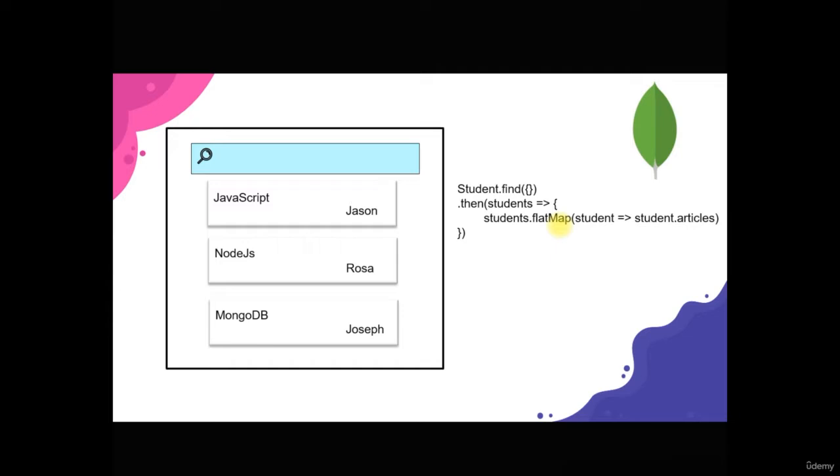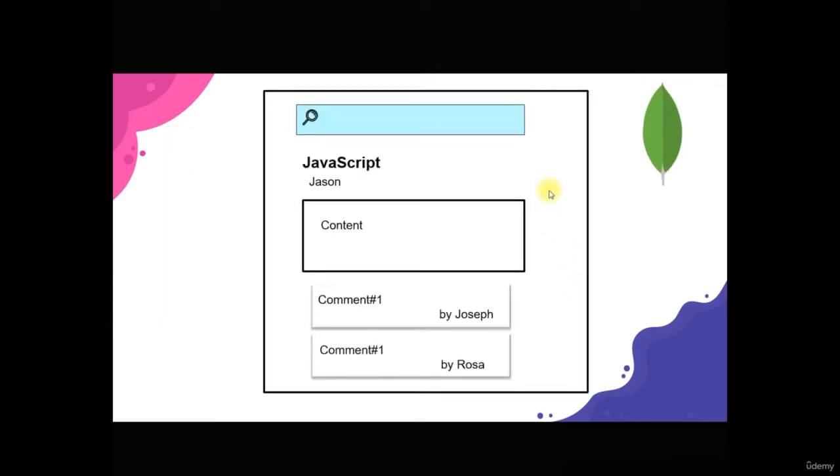So let's analyze another mock-up here. Imagine that we have a list of articles like the previous one, and if the student clicks on a particular article, say the first one, we may see this kind of page. And what you're looking at here is the title of the article on the top, then the student name, the content, and then lastly, the comments.